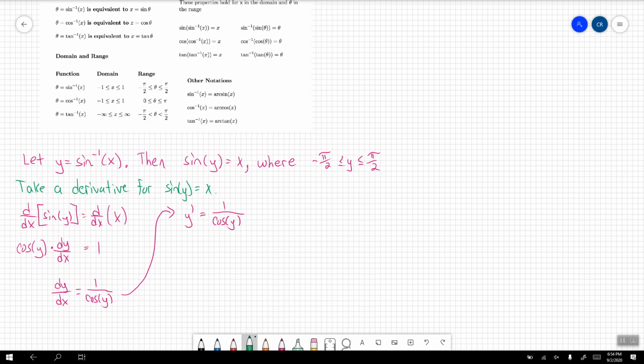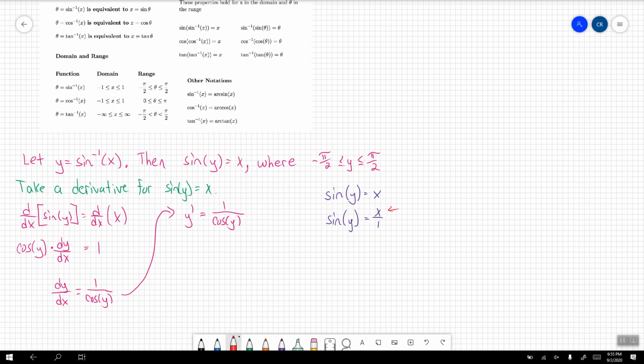We can then start extracting this sine y is equal to x. Now, what does sine y equal to x mean for us? Sine y is equal to x. Well, it'll look different if I say sine of y, and remember, y is just some angle between negative pi halves and pi halves. Sine y is equal to x over 1. And why do I want to do this?